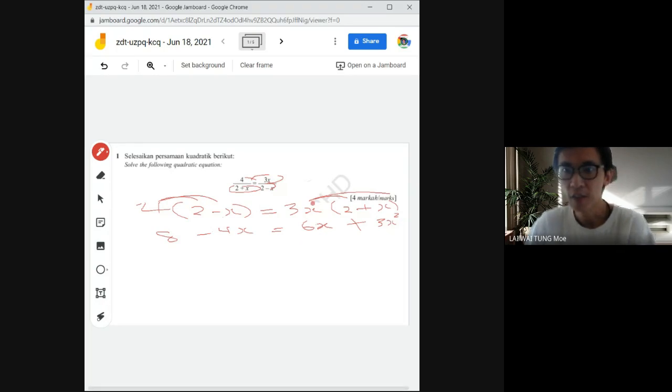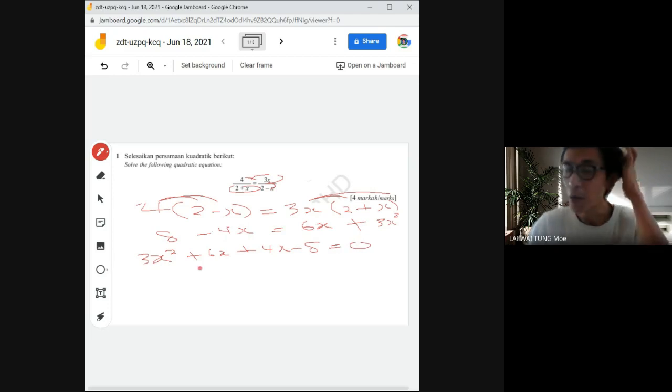Okay, so after that, you have to move everything from here to the right hand side. So I just rewrite the equation: 3x squared plus 6x, and then this negative 4x moves over to the right hand side, it will become positive 4x, and this 8 moves to the right hand side, you will get negative 8, and this equals to 0.